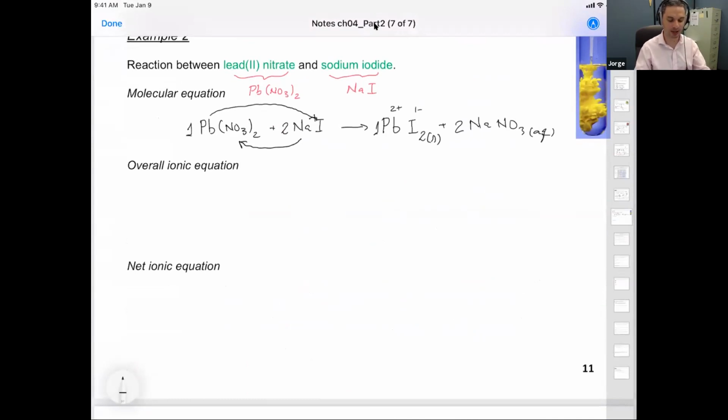So they stay dissolved in water. And this is a very classic reaction. Lead iodide is this very beautiful yellow precipitate formed here in the reaction, okay? So very characteristic.